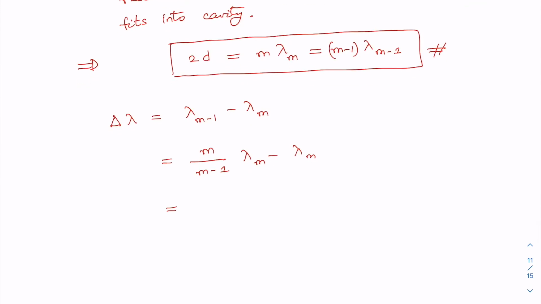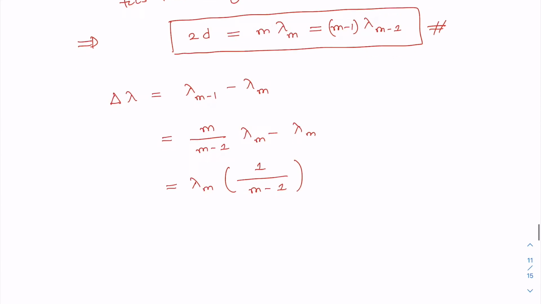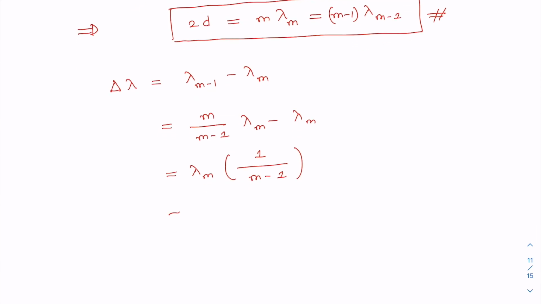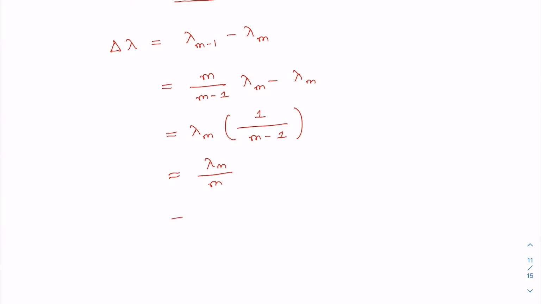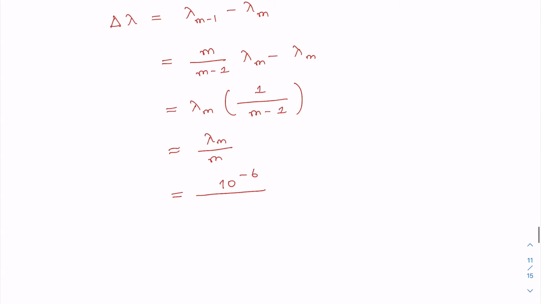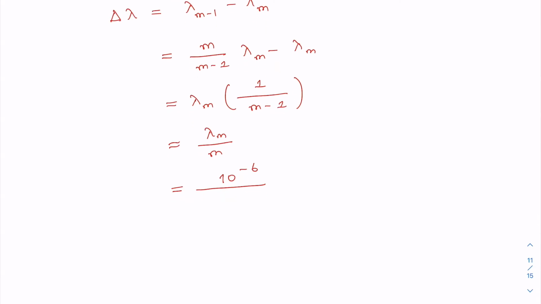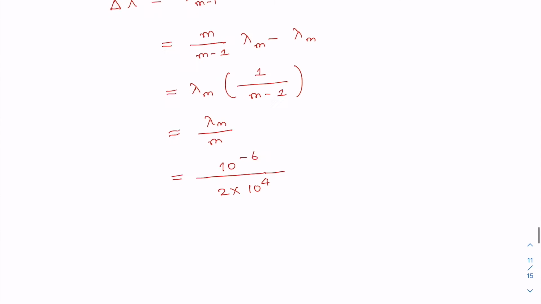From here you can easily see that I will get lambda m into 1 divided by m minus 1. m is the order, so we know this is already a very huge number, so I can approximately write it as lambda m divided by m, and we are given lambda m as 1 micrometer, that is 10 to the power minus 6 meter, and we already calculated the order m, that is 2 into 10 to the power 4, that we have calculated in the first part of the problem.